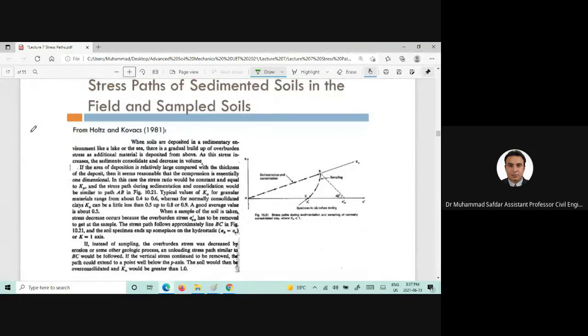So now it's giving you an idea of why the stress path is going to be important. So Shabir, if you can please kindly read it sentence by sentence, I think it would be helpful for all the other students as well. Shabir.